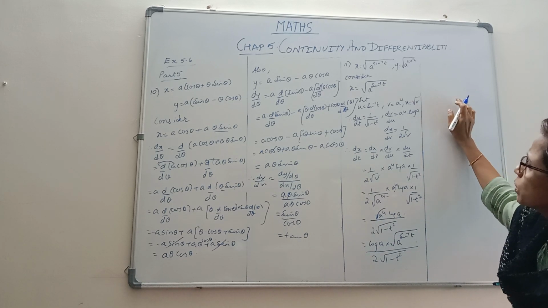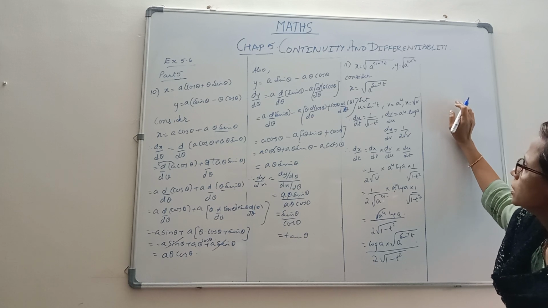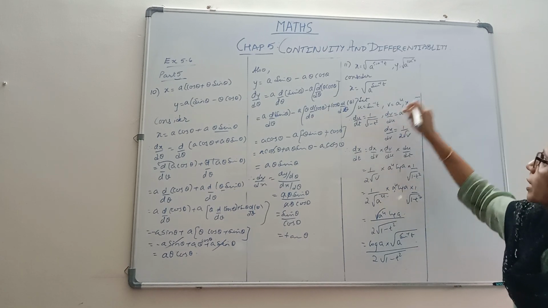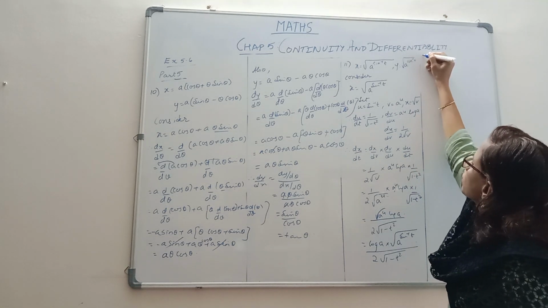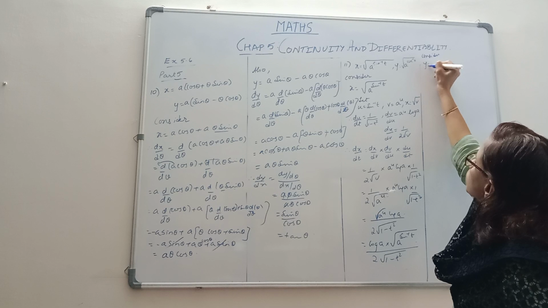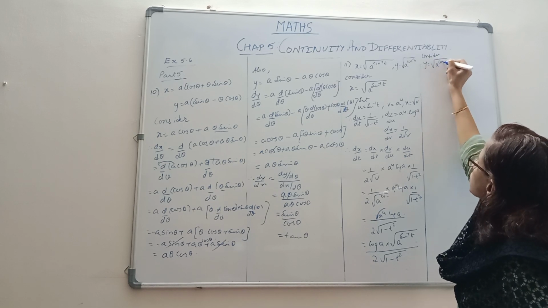Now let's come back. Actually dy by dt everything will be same except for this. Okay, let's quickly do it. Consider y equal to root of a raised to cos inverse t.